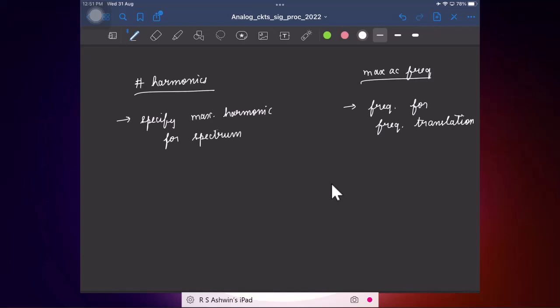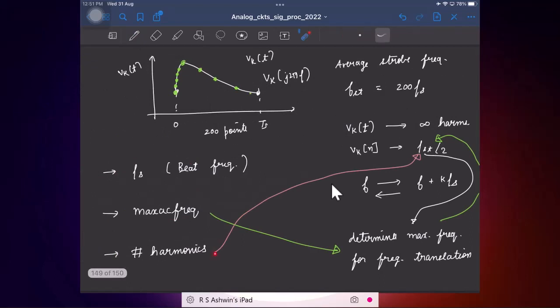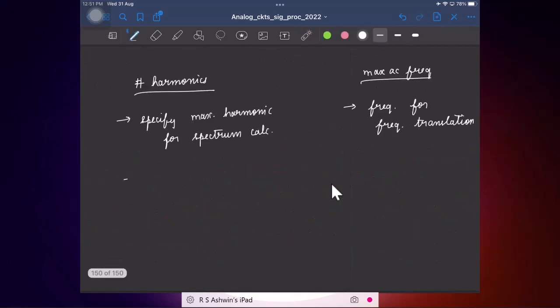That's it. And as we saw, the moment you specify a number of harmonics, that determines the stroke period, which will also indirectly determine the maximum frequency you can have for frequency translation. So this will also indirectly set this value.